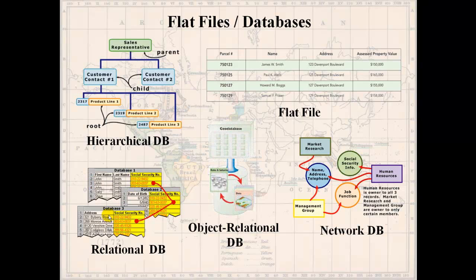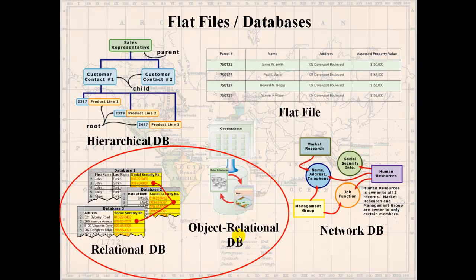This again evolved into an object relational database which retains the relational aspect of the data, but it adds object-oriented behavior which includes rules and behaviors that the data can perform. So this is the primary model that's used these days for databases, or maybe an object relational database, which might be something that would use a geodatabase in ArcGIS.